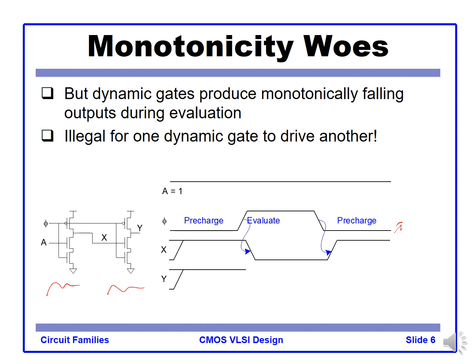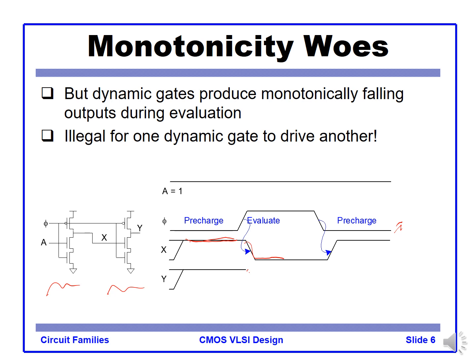When the input is high, it stays high. The first stage output during pre-charge stays high, right? During evaluation, the output will be what? Because the input is high, during evaluation X will go down.